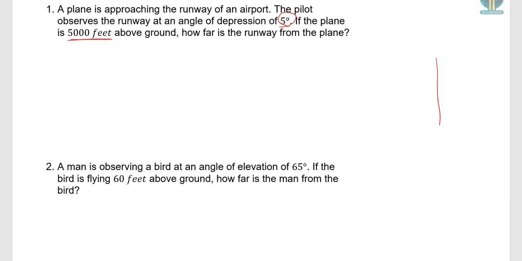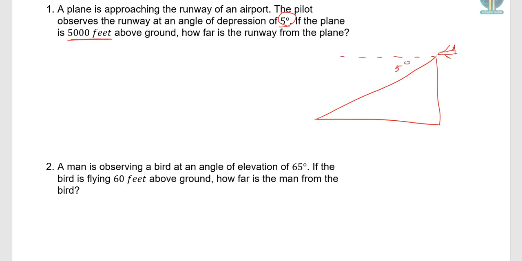So draw a picture. Plane, let's make it simple because drawing on a screen is difficult. Horrible looking plane, but you get the idea. So the plane is here, and the angle of depression is 5 degrees.